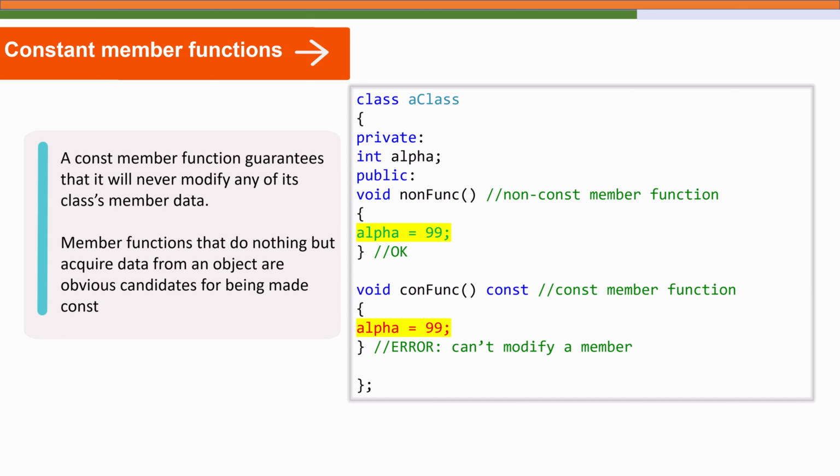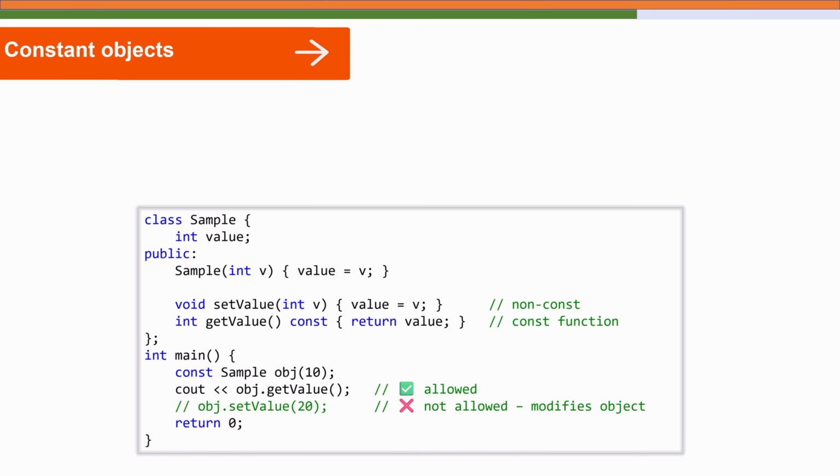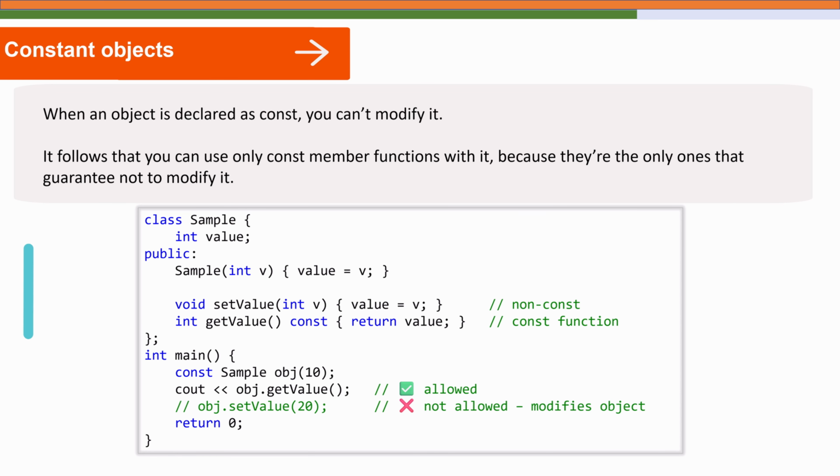Now that we understand how constant member functions work, let's see where they really become useful, when we declare an entire object as constant. When an object is declared as constant, it means data members cannot be modified at all after initialization. In other words, you are telling the compiler this object's state should never change, and that has an important consequence.